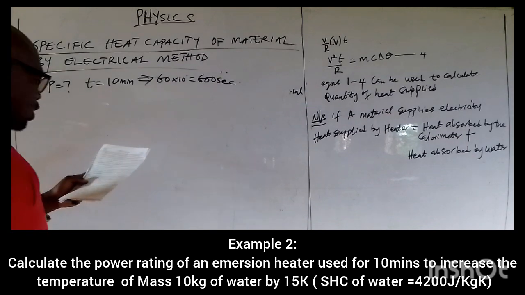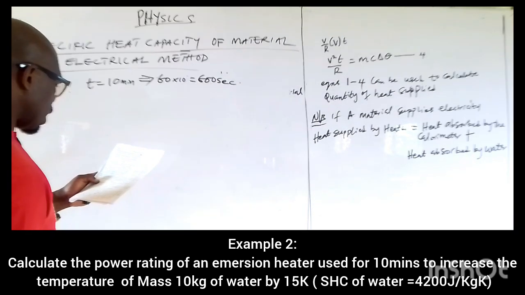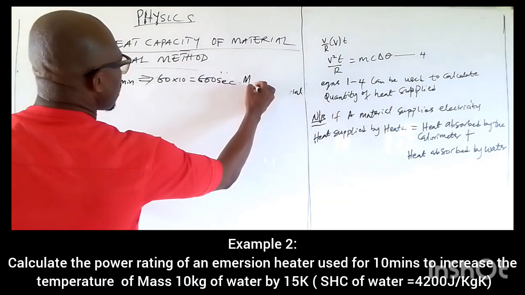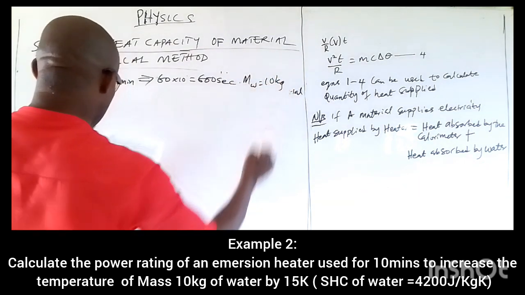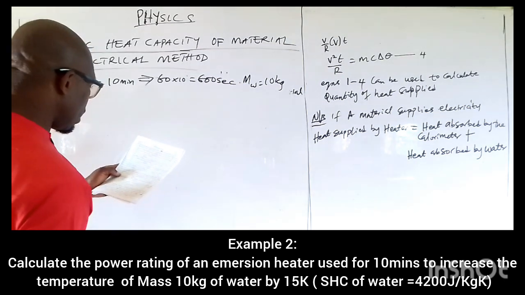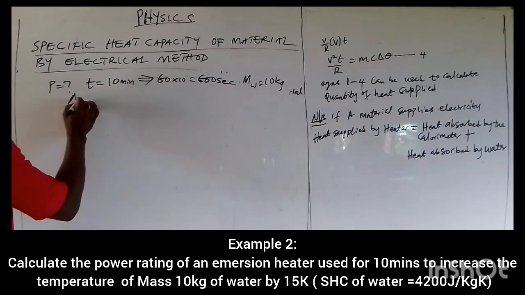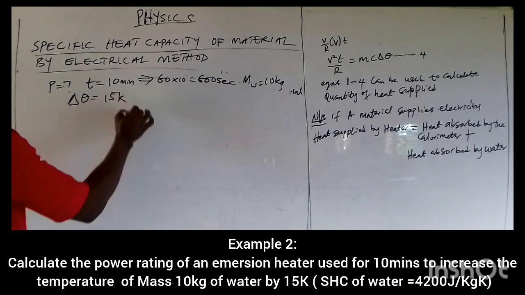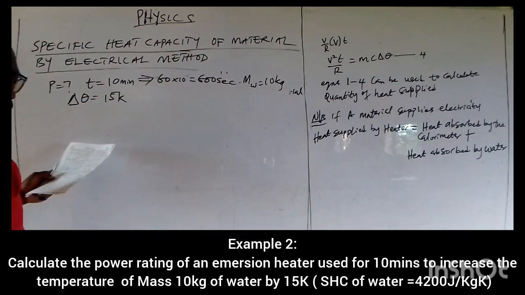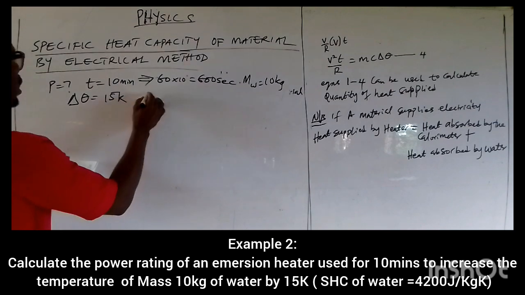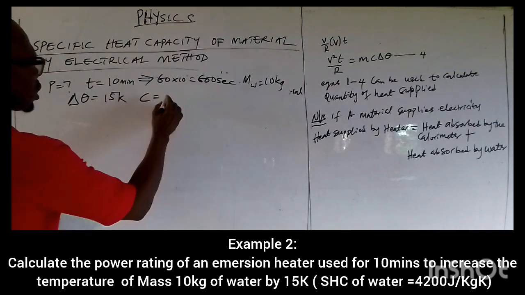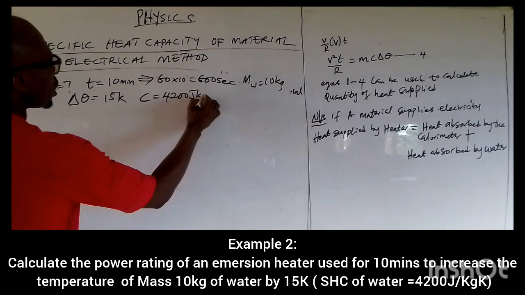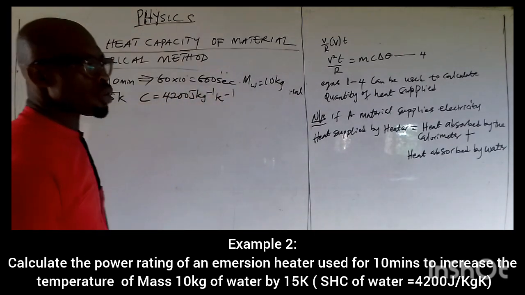The next one is water of 10 kg. Mass of water equals 10 kg. And the temperature change, delta theta, is 15 Kelvin. And we have C, the specific heat capacity of water given to us, 4,200 joules per kg per Kelvin.